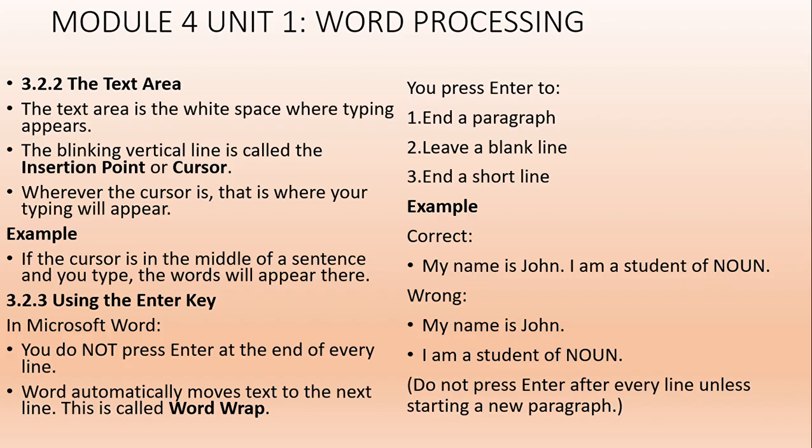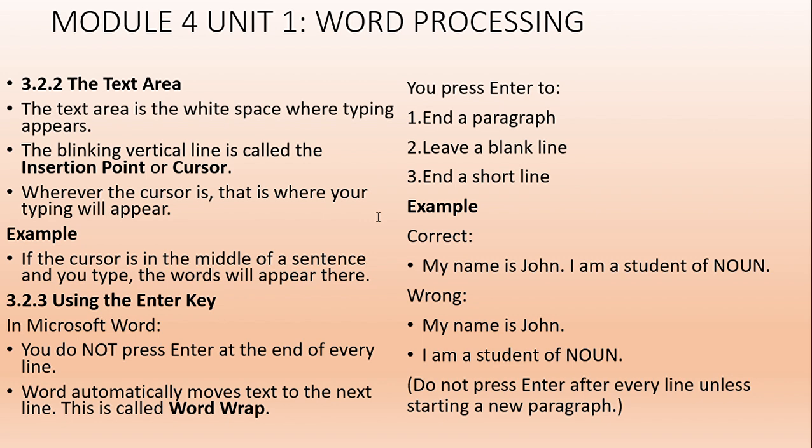Now there's something called the cursor. We either call it an insertion point or a cursor. You can see this black thing that is blinking at the front of this S. This black thing that is blinking at the front of this S is known as the insertion point, or you call it a cursor.